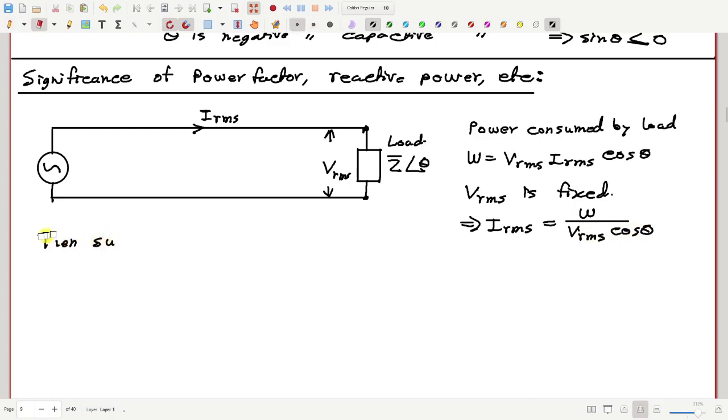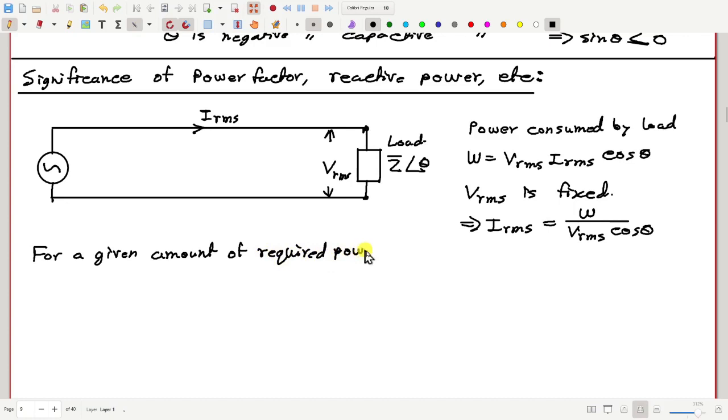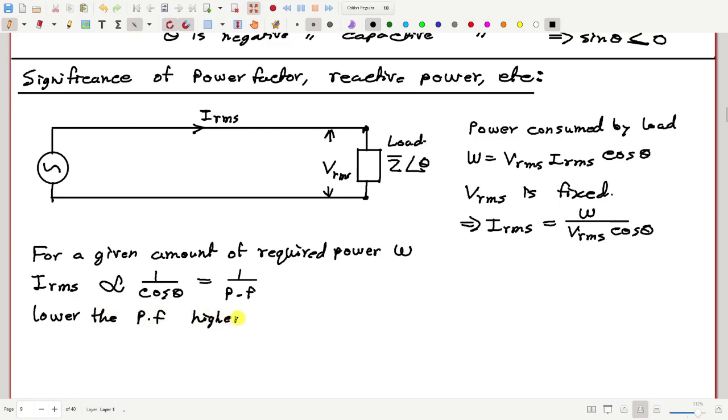Now, for a given amount of required power, that is W, the value of IRMS is inversely proportional to cos theta. So lower the value of power factor, higher will be the current. This is 1 over power factor.